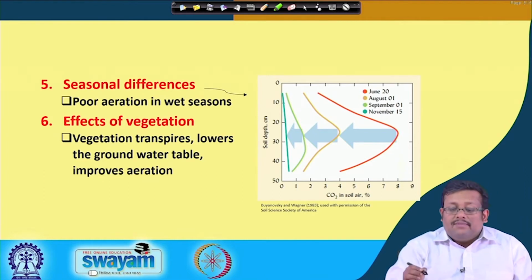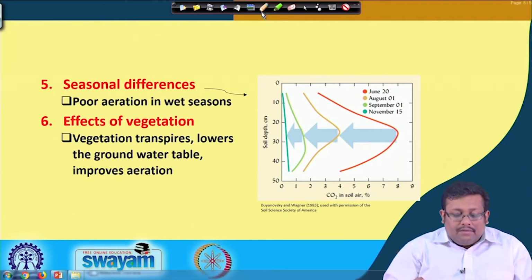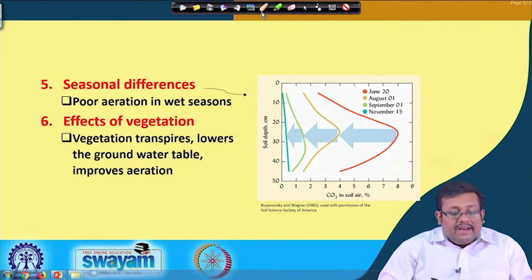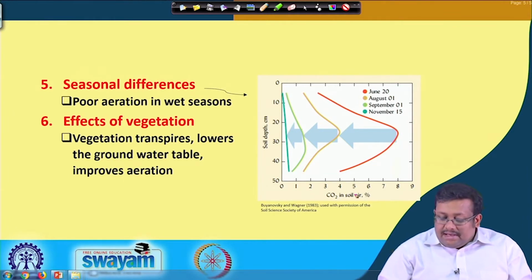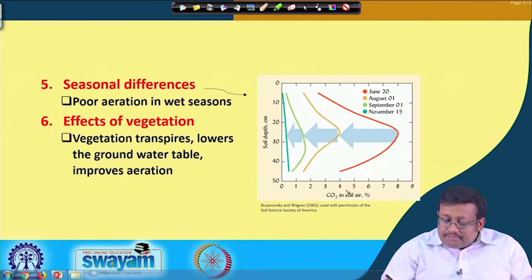Seasonal difference is one of the major factors for soil aeration. Obviously we will get poor aeration in the wet season. In this graph, in the monsoon season, denoted by this red solid line by June 20, and then August 01, September 01 and November 15, the carbon dioxide in the soil profile increases more in the wetter season than in the dry season.